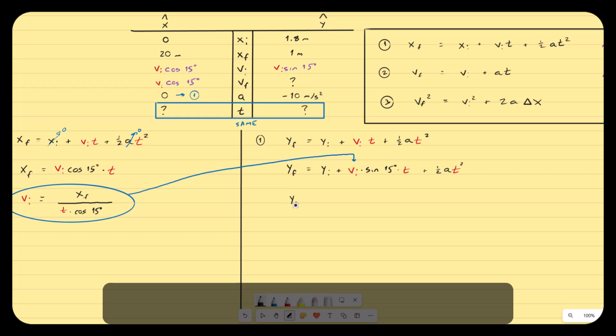Y final is y initial plus v initial, that was my v initial, times sine 15 degrees times t.